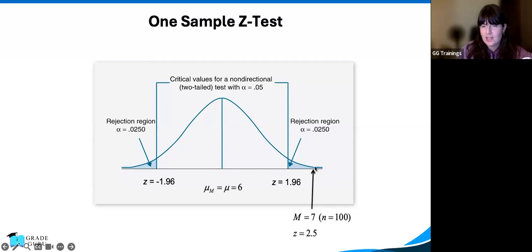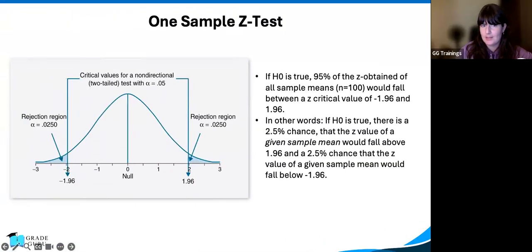This tells you that the sample mean of 7 was so far away from this population mean that this population mean cannot be true anymore, which is why we rejected it. That's what I wanted to say about that. Laura, does that answer anything for you, or do you want to ask a question?